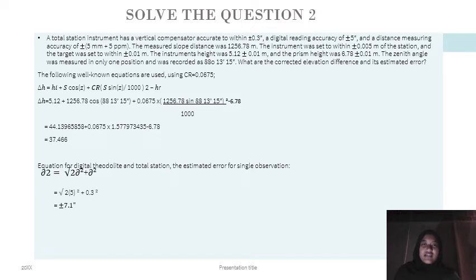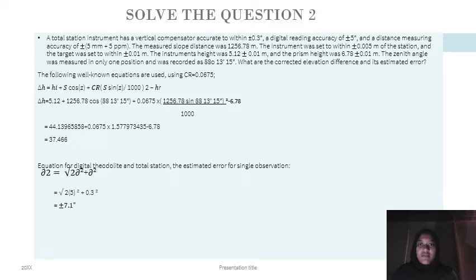Okay, next I would like to present question 2. A total station instrument has a vertical compensator accurate to within plus minus 0.3 second, a digital reading accuracy of plus minus 5 seconds, and a distance measuring accuracy of plus minus 5 mm plus 5 ppm. The initial slope distance was 1256.78 meters. The instrument was set to within plus minus 0.005 meter of the station, and the target was set to within plus minus 0.01 meter.